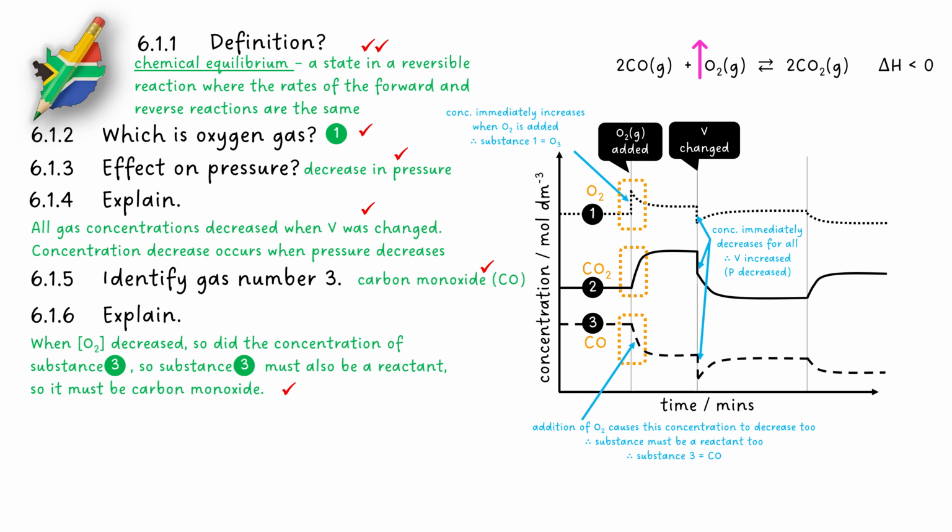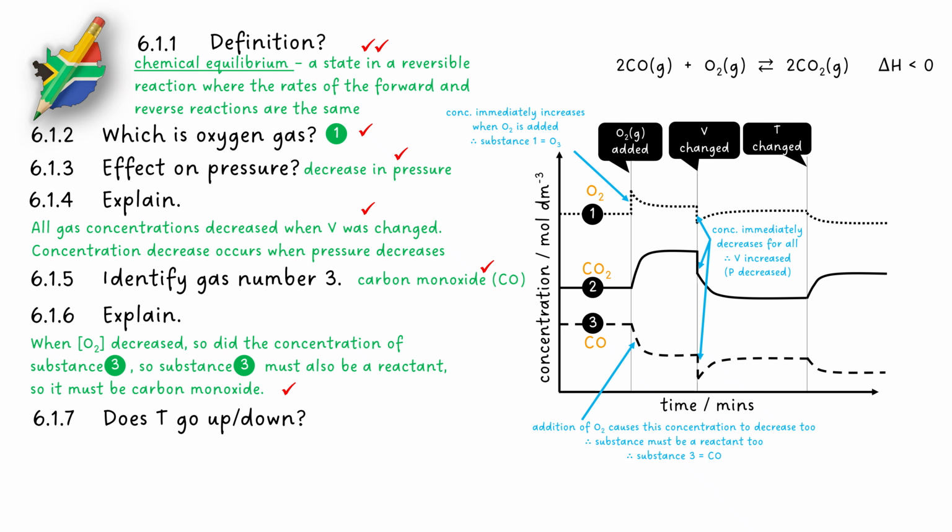We would then say, when more oxygen is added, the equilibrium will shift to the right to decrease the concentration of oxygen, and so the forward reaction is favored. And this will cause the concentrations of the two reactants to decrease, and the concentration of the product to increase.